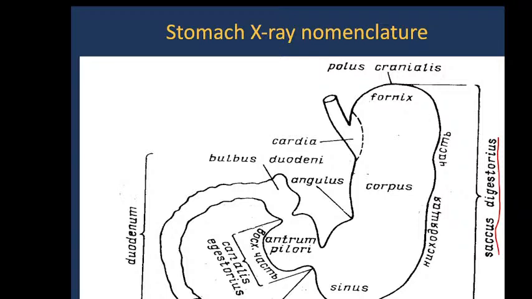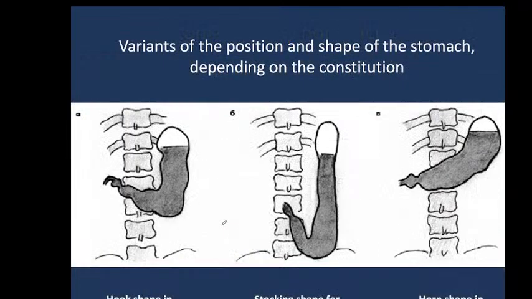The inferior part is called the canalis egestorius, which means evacuation canal, which has a lot of folds, and these muscles evacuate food from the stomach.